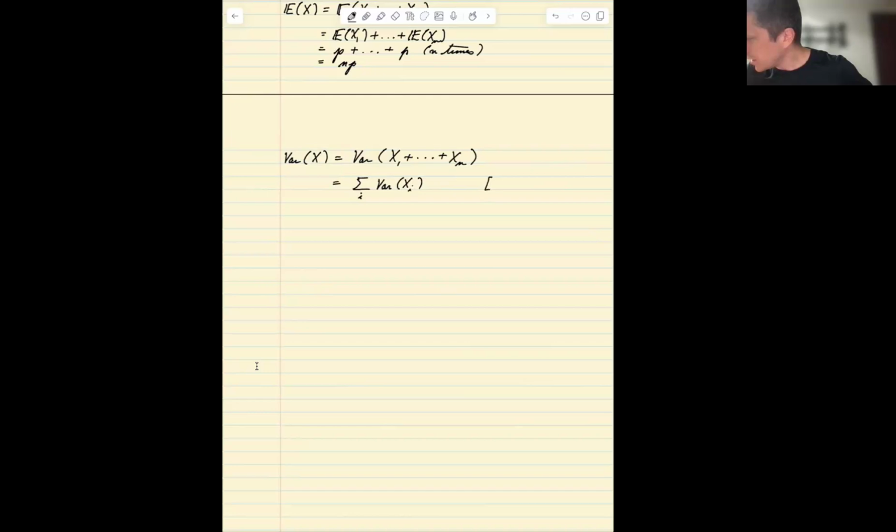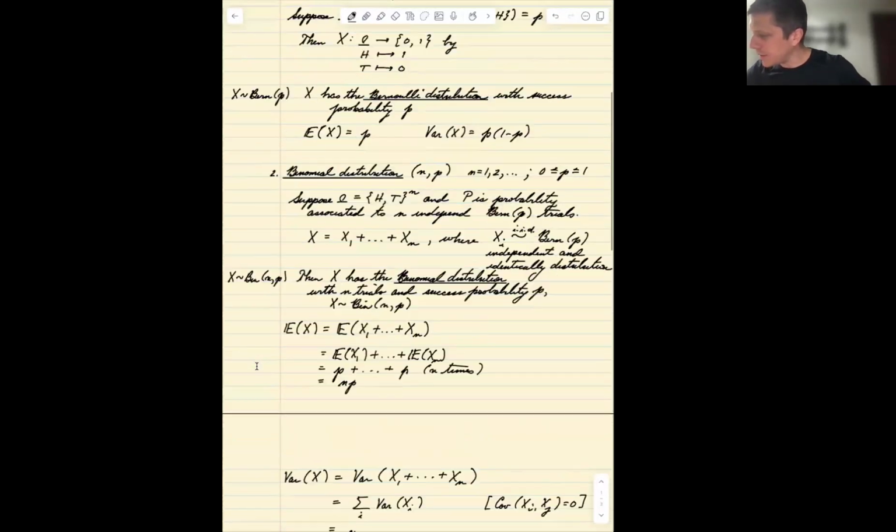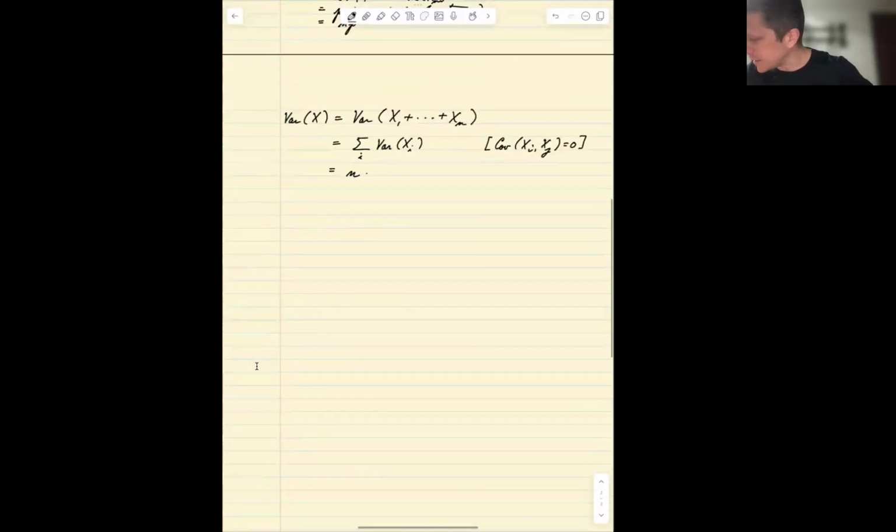Because we assumed independence, covariances are 0. So these variances are all the same. There's n of them. And as we saw above, these are Bernoullis. Their variance is p times 1 minus p. So the variance of the binomial is n times p times 1 minus p.